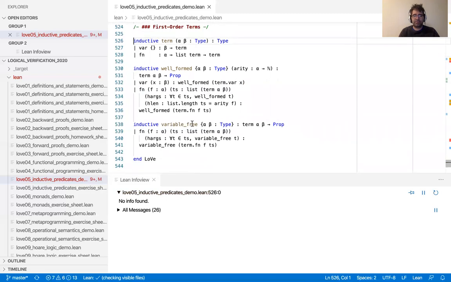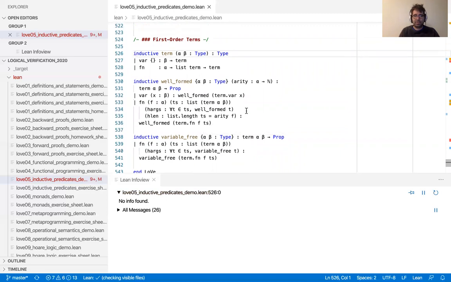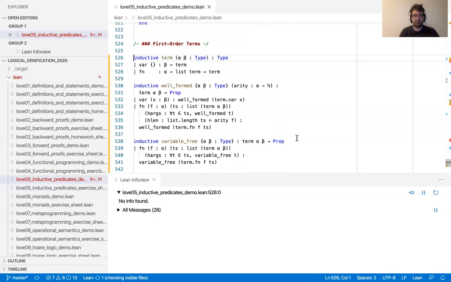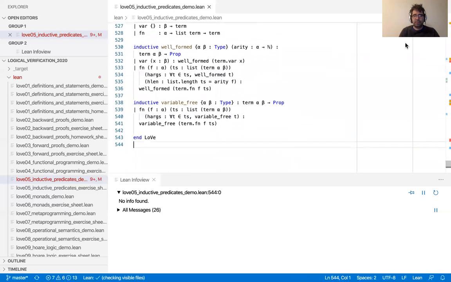And variable free just checks recursively that there are no variables in the term, that you have a term that consists only of, for example, this term here has no variables, whereas this one here, where x is a variable, definitely has a variable. Okay, so that concludes our review of inductive predicates and logic programming in Lean.